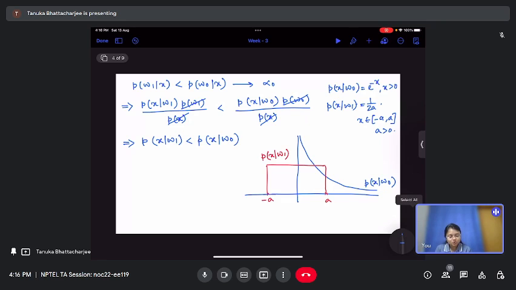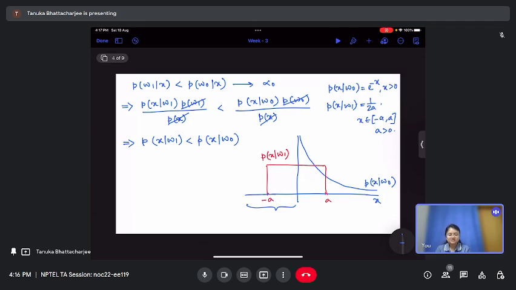Here, this is the x axis. If you see in the negative region, the class conditional density of x given the class omega 0 is 0, and from the region minus a to 0 we have some finite class conditional density for class omega 1.